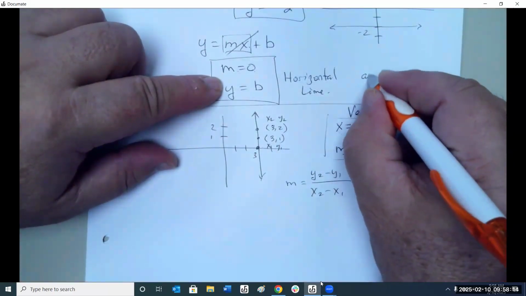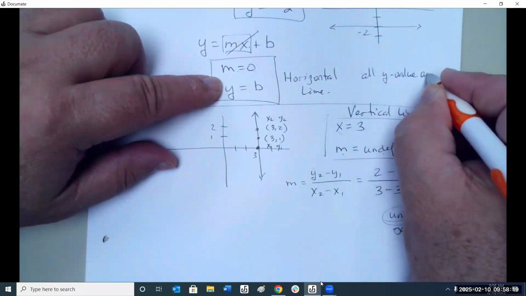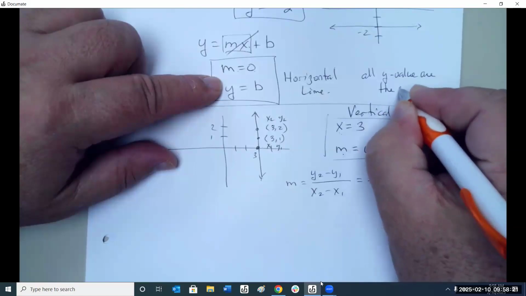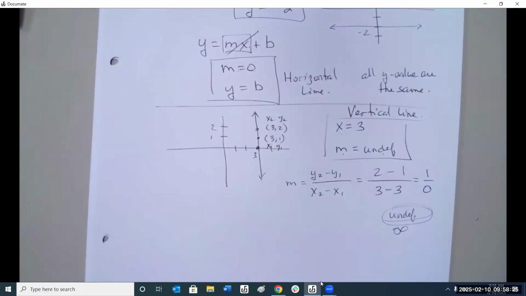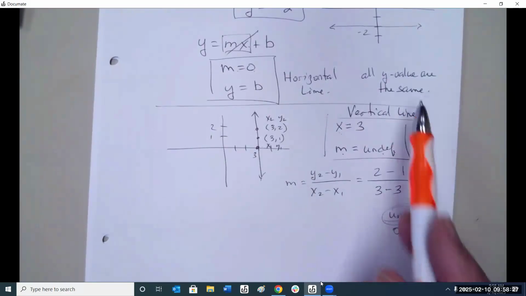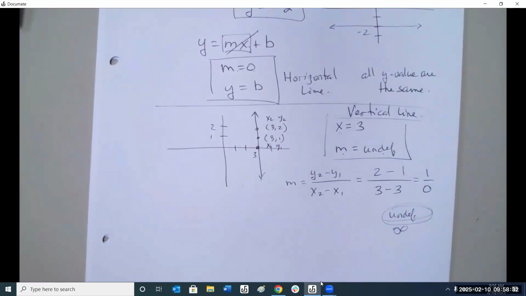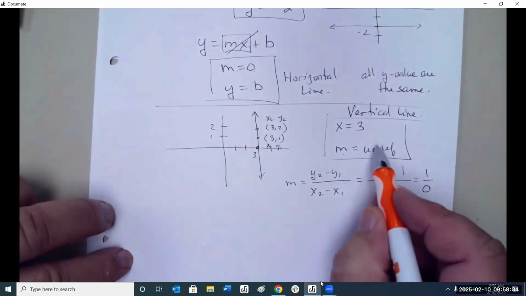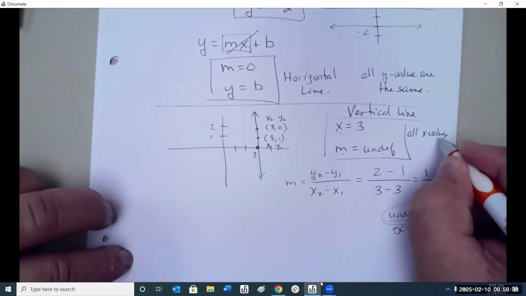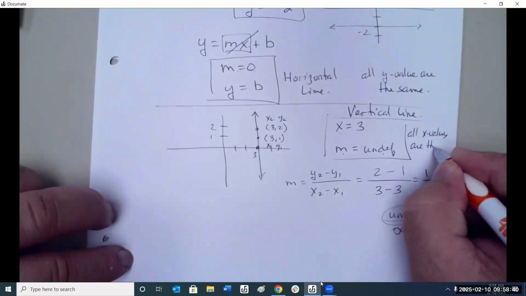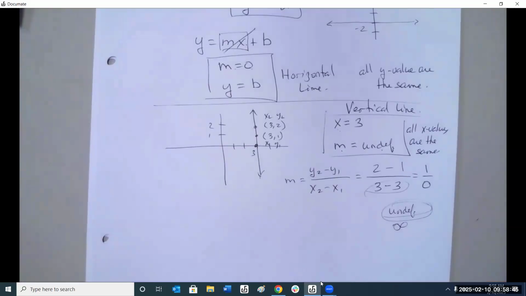This means all y values are the same. If all the y values are the same, then it's y equals whatever that is, because it's on top. If it's this one, all x values are the same, because the bottom has to be 0.